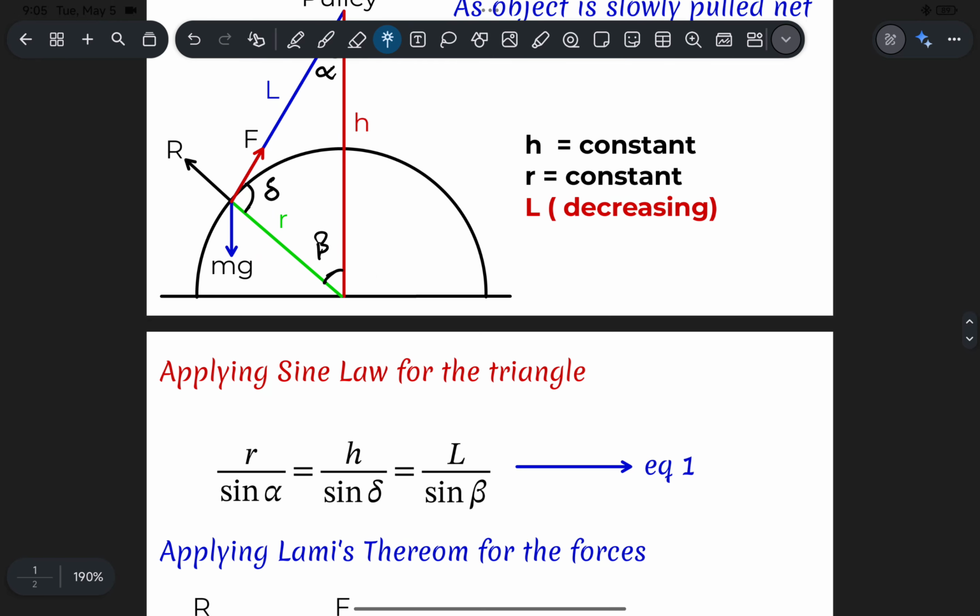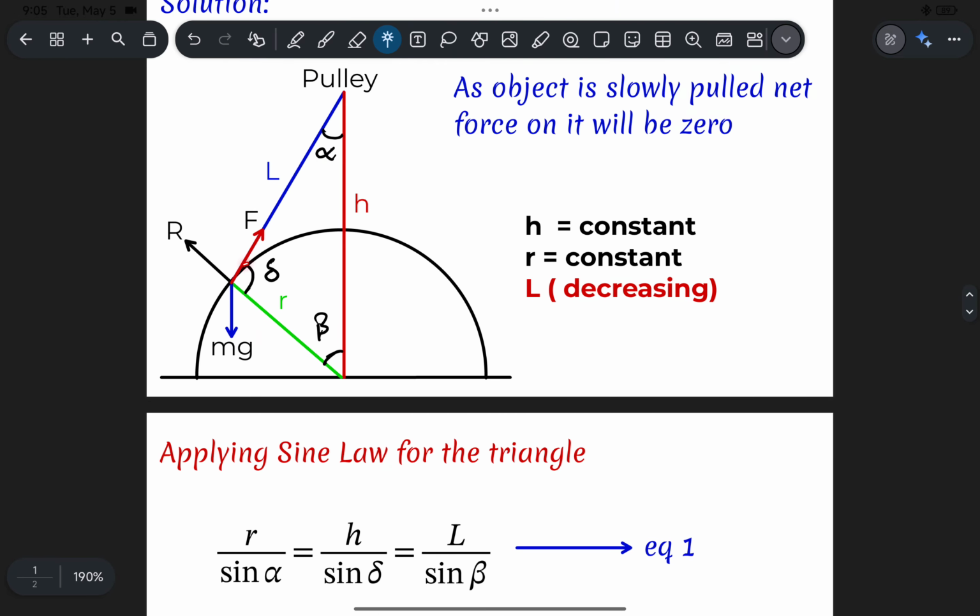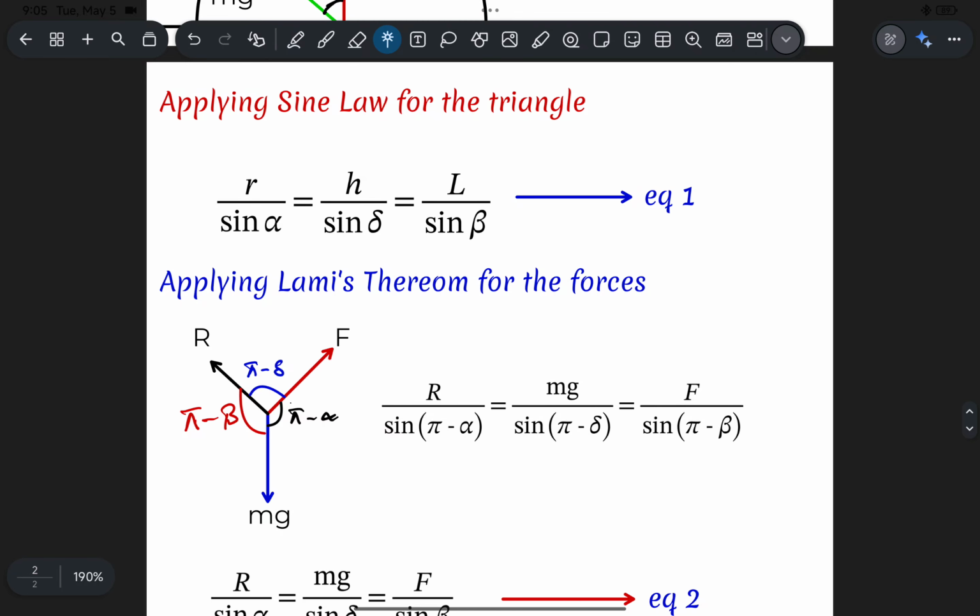So first I'll do the angles. If this is delta, I can tell that this is 180 minus delta. And as this was alpha, this angle is 180 minus alpha, and this angle is 180 minus beta. The same things I have mentioned here: pi minus delta, pi minus alpha, pi minus beta.